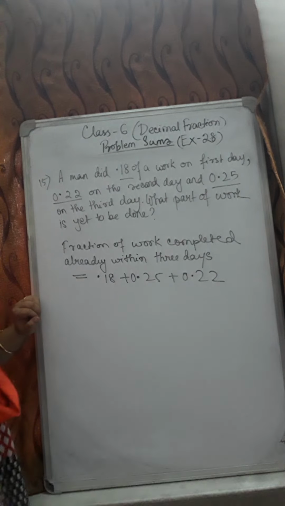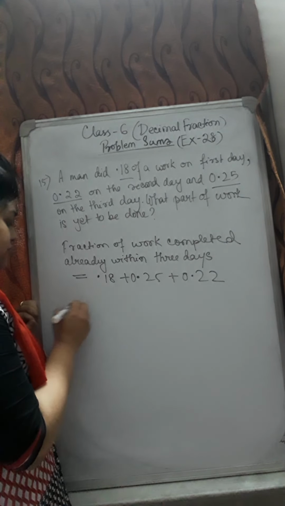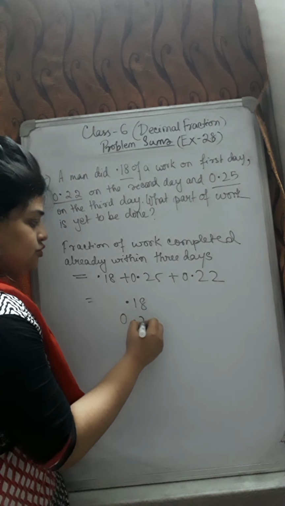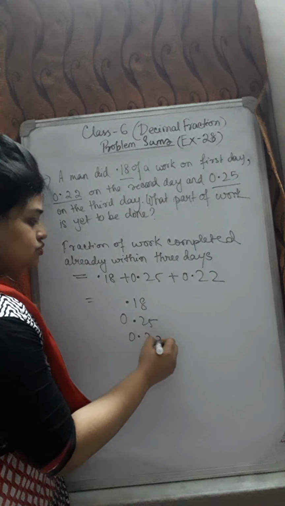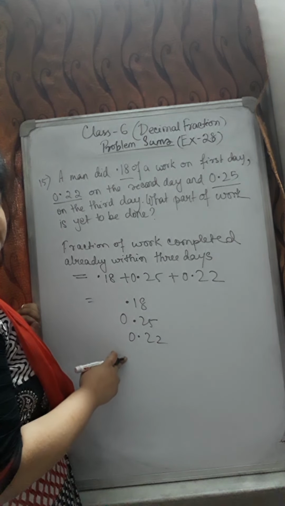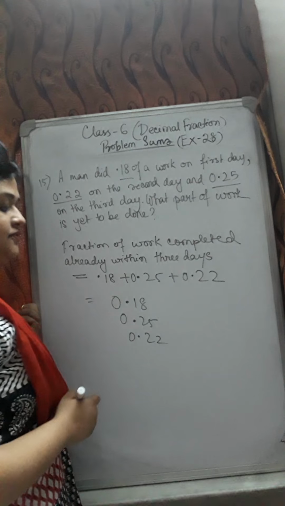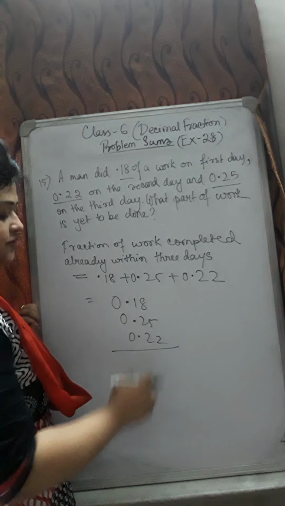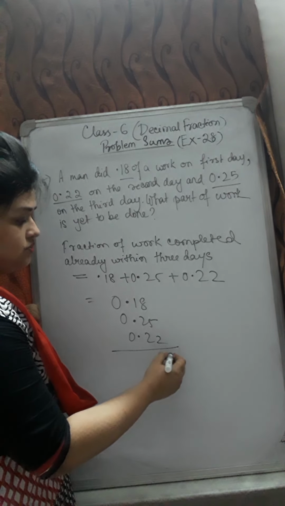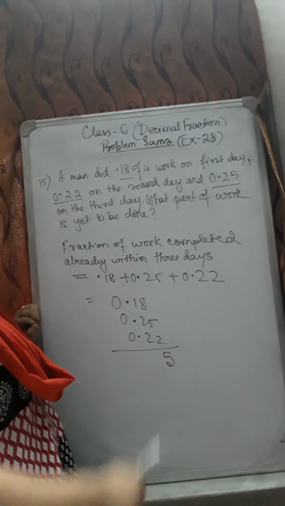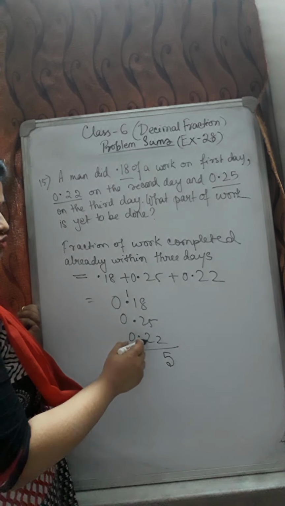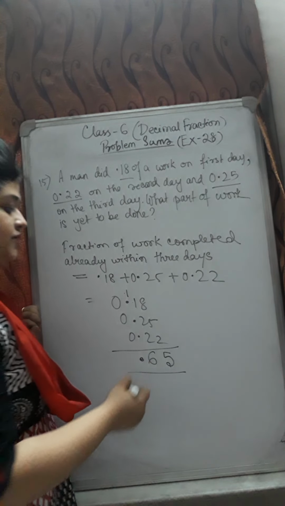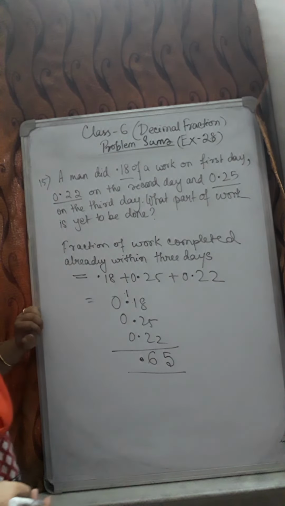This is the portion he has completed in all 3 days. Now having a 0 or not writing a 0 before the point doesn't matter, because it means no value. So add up: 8 plus 5, 13, plus 2, 15. Then 1, 2 plus 2, 4, plus 1, 5, plus 1, 6. So 0.65 of the work he has already completed.